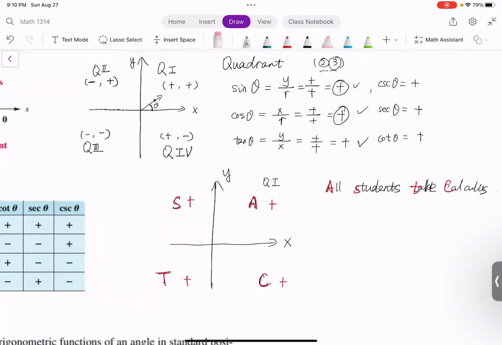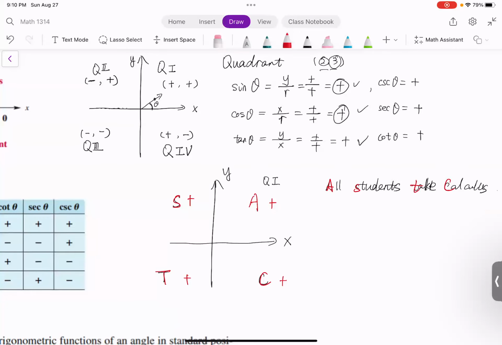All right, how about the reciprocals? A means everybody. All 6 trig functions are positive. Sine and its reciprocal have the same sign. So sine's reciprocal is cosecant, but you don't need to write it down here, too many things here. You need to memorize that sine's reciprocal is cosecant. In the second quadrant, it is positive. How about the reciprocal of tangent?